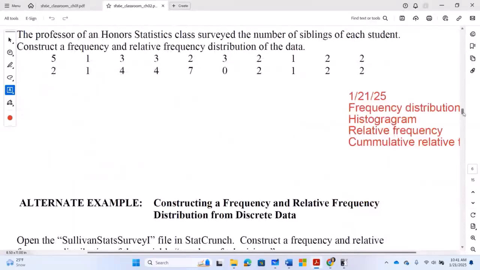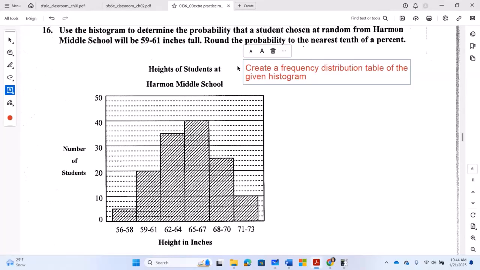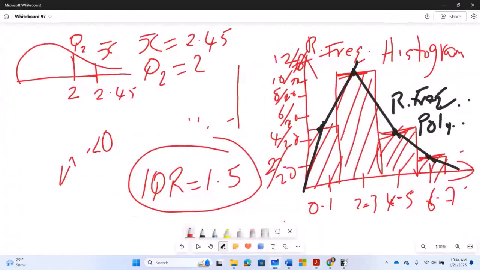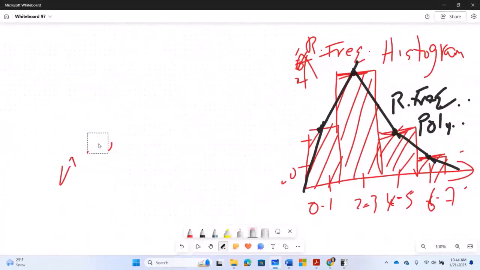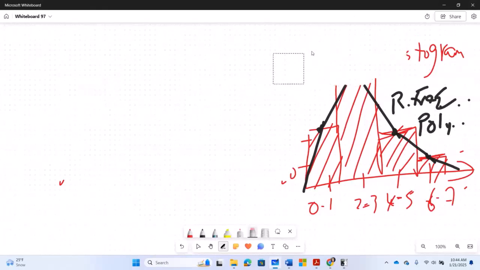So today we are doing frequency distribution, histogram. We are given classes. By the way, I'm going to clean this, that way I can use the space to answer the question.